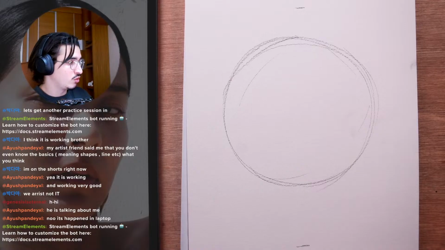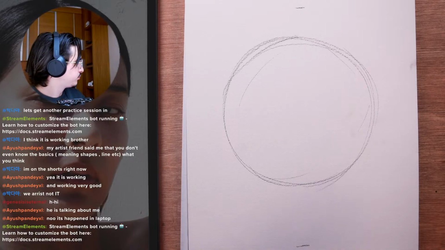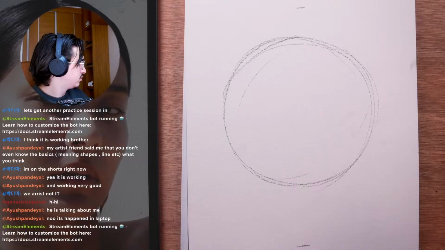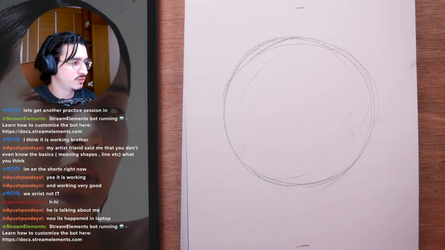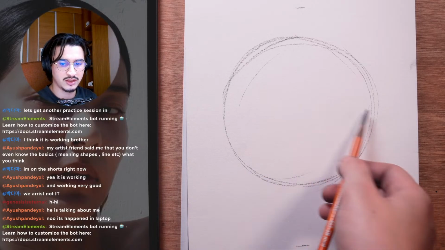I just saw your comics, Ayush, your comic characters. They look good. Yeah, it will definitely be hard. It's a hard angle.